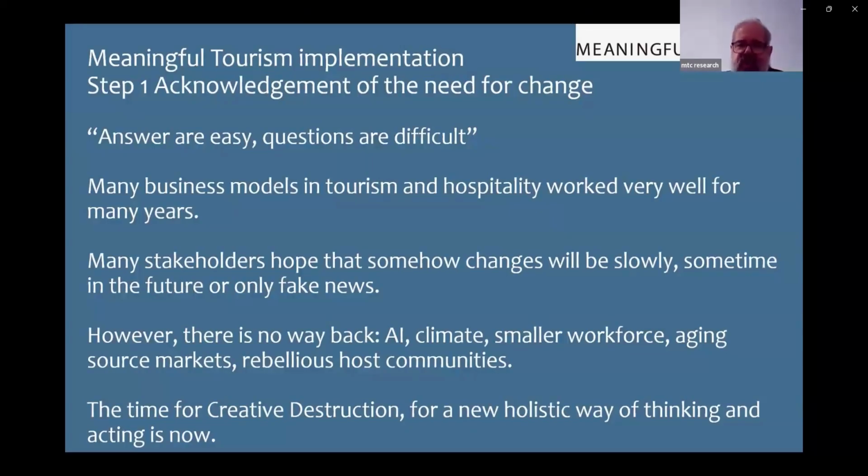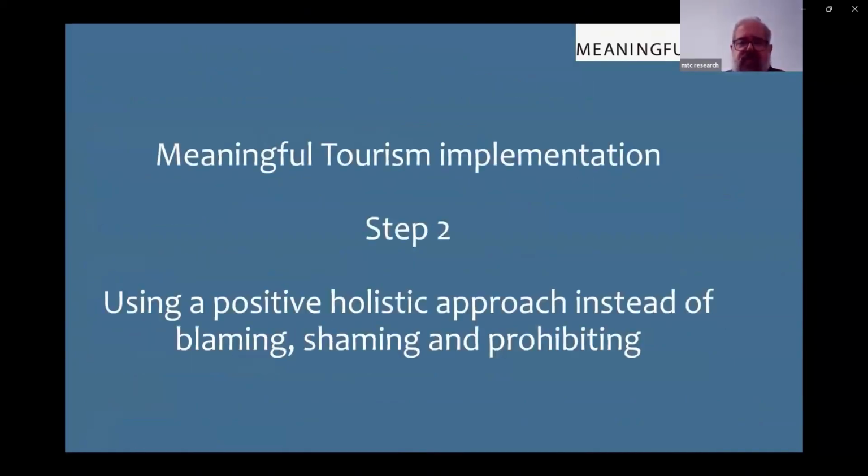However, there is no way back, because AI, climate change, a smaller workforce, the difficulty of getting good people, aging source markets, and also rebellious host communities are all making sure that we have to change. And that means creative destruction, actively embracing change while there is still time for that.